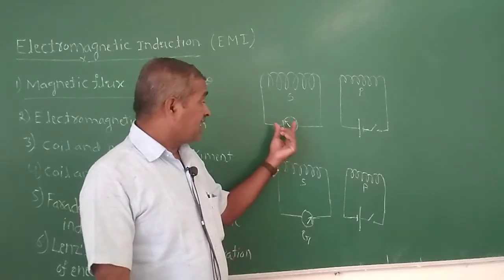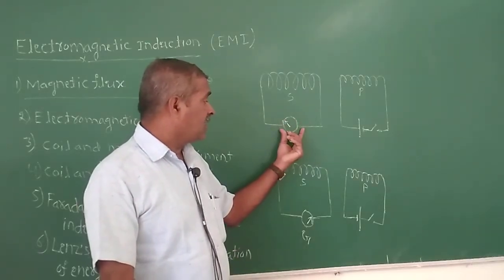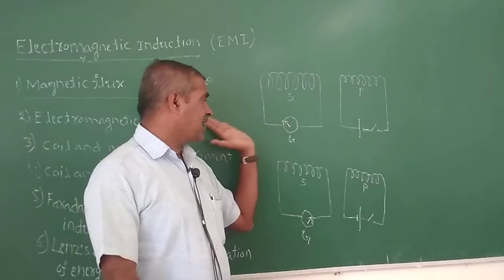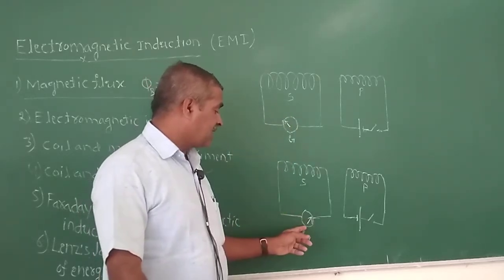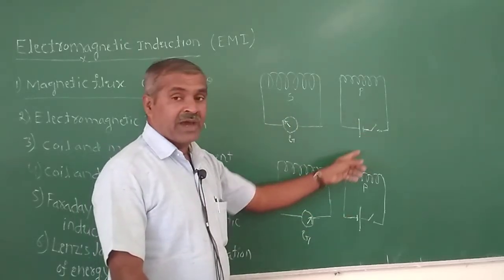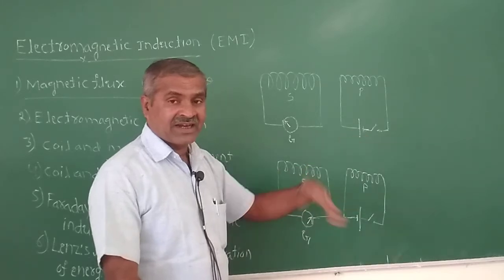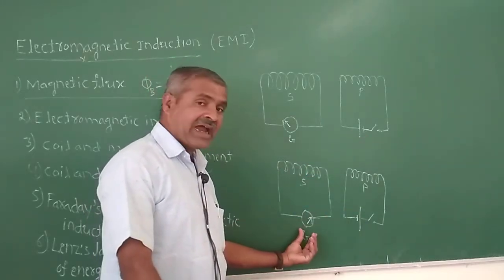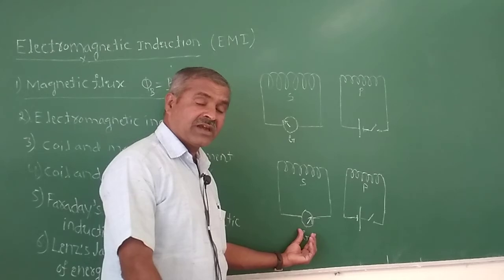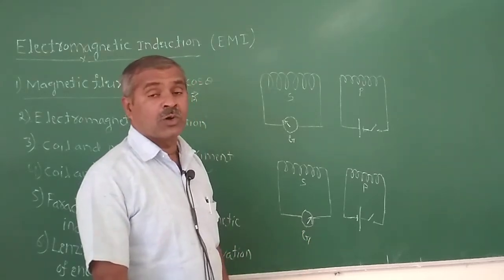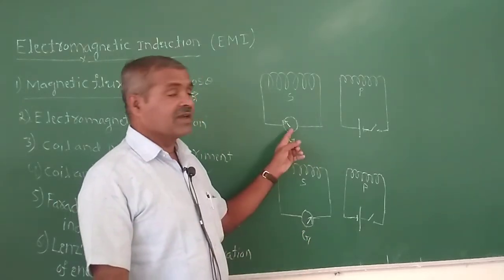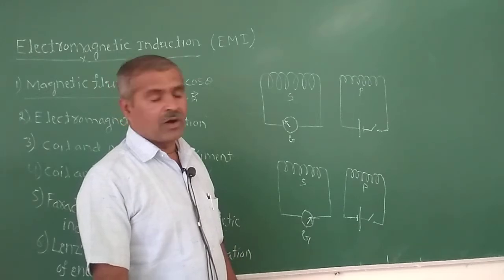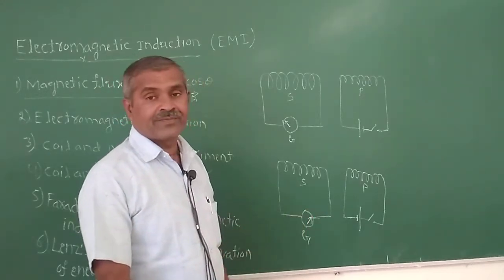But initially the galvanometer deflection was on the left side. When the battery terminals are interchanged, the galvanometer deflection is opposite to the initial one, on the right side.